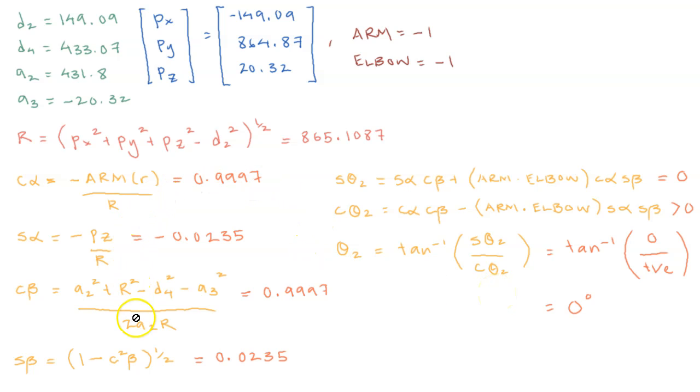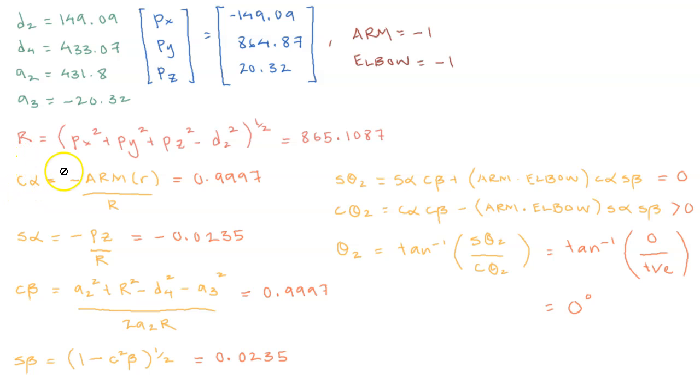If you go through these equations and the variables, you will realize that we need D2, D4, A2, A3 from the DH parameter table, table 1. We also require the P value that we have computed earlier. So I just write it here for reference. The arm indicator is again -1. And we need to know the elbow indicator. Again, it is -1. Why is it -1? Your job to find out, right?